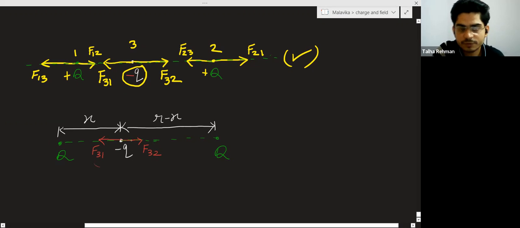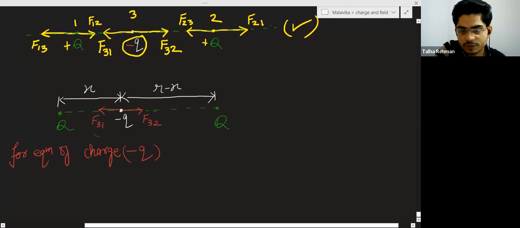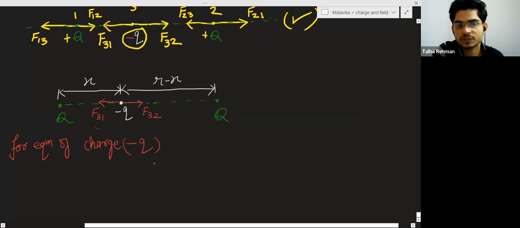So for the equilibrium of charge minus q, these both the forces should be equal, means net force on this charge is 0. So I can write F31 is equal to F32.